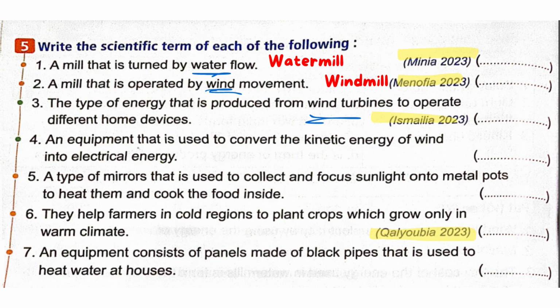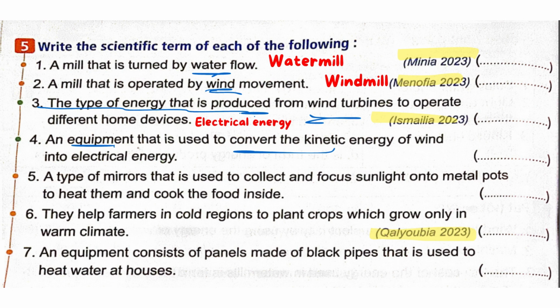So the wind turbines change the kinetic energy into electrical energy. So electrical energy is the type of energy that is produced, okay? The outcome energy from the wind turbines is electrical energy, okay?